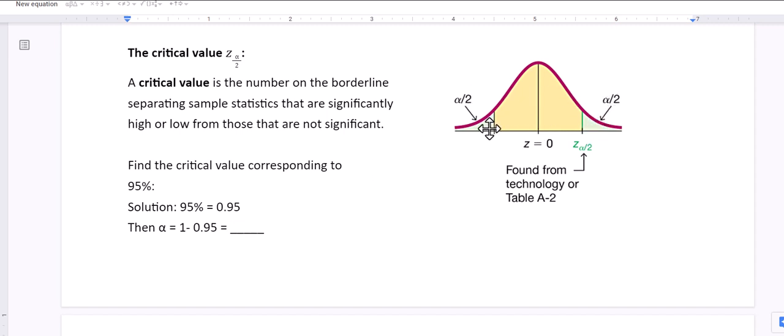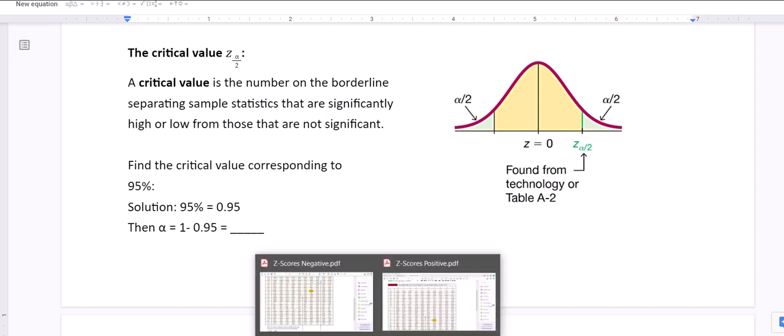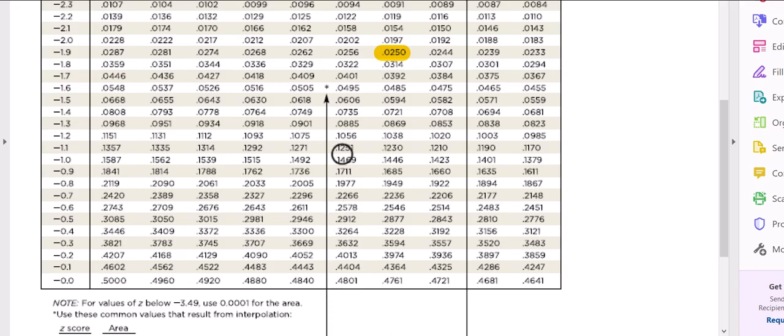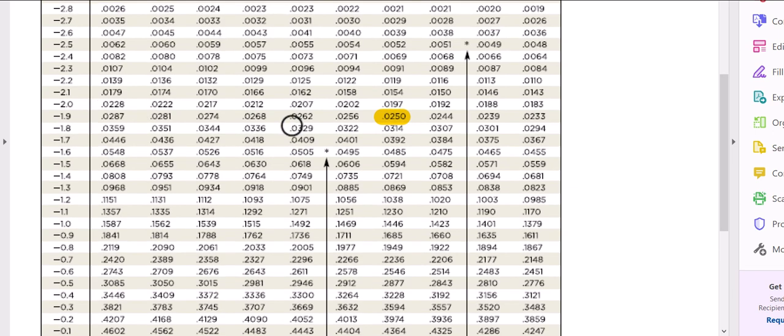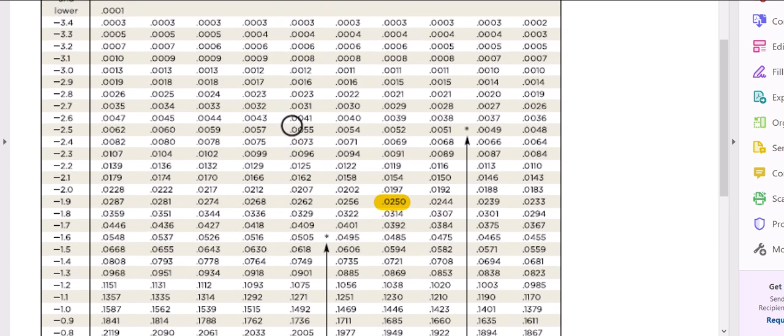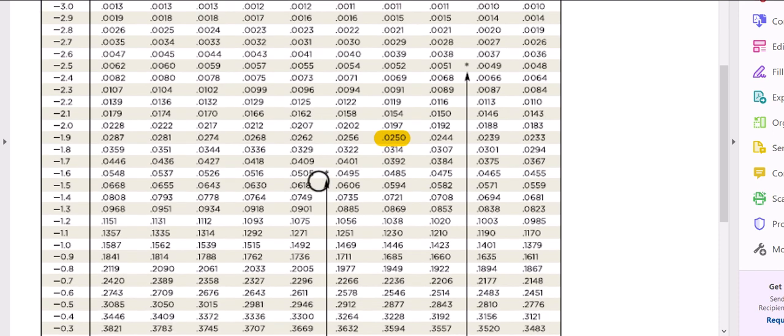So that's what you are now going to be looking at in our table. So I'm going to go over here and look for 0.05. Notice that 0.05 lands right in between these two, so we take the value in the middle. You average them out. So it will be 1.6, and between 4 and 5, so 1.645.